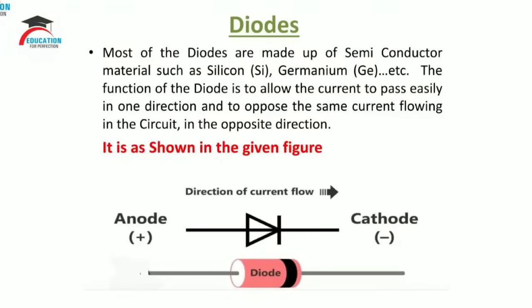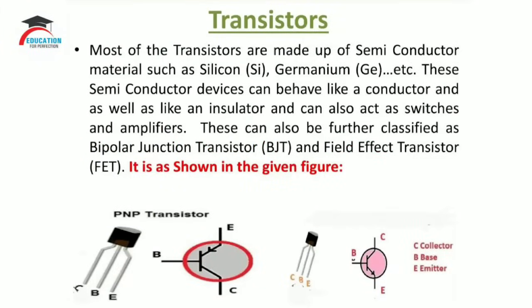Then friends, now let us see about transistors. Most transistors are made of semiconductor materials such as silicon, germanium, etc. These semiconductor devices can behave like a conductor as well as an insulator, and can also act as switches and amplifiers.